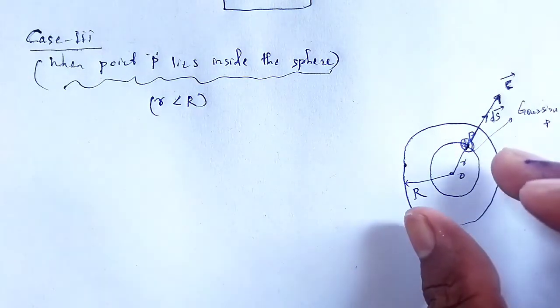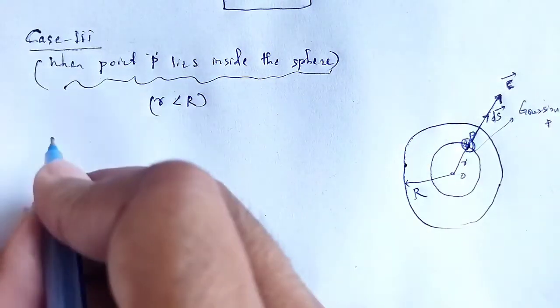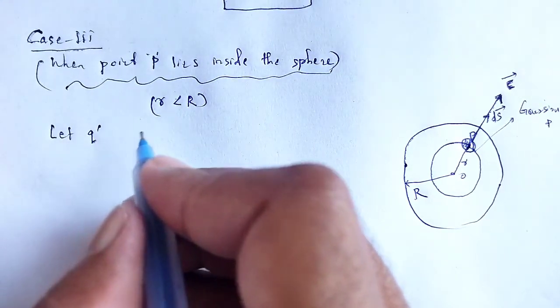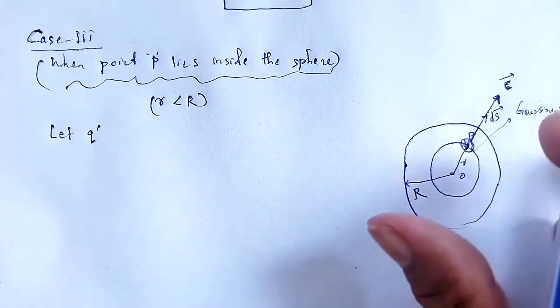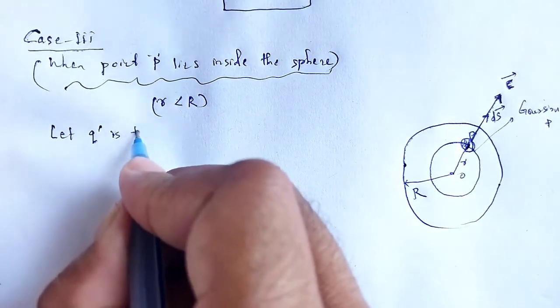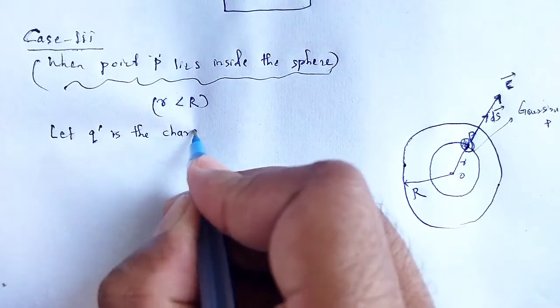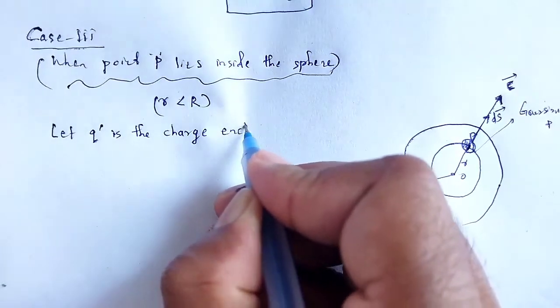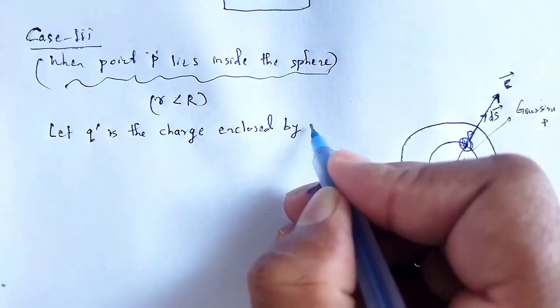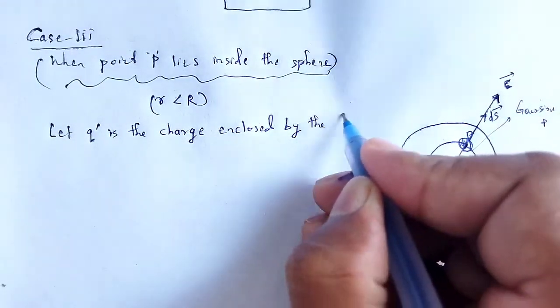Let q dash be the charge enclosed by the Gaussian surface.